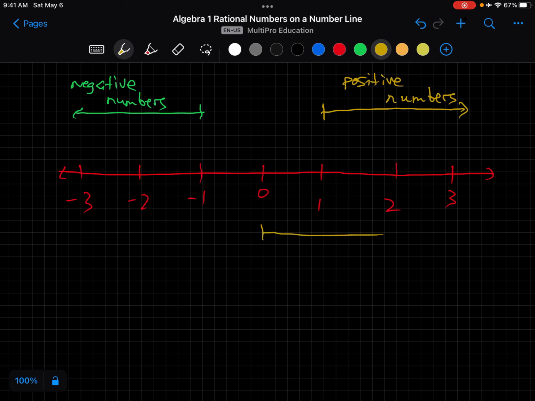Okay, what is a whole number? Well, that's these numbers 0 and above. Okay, what are natural numbers? Natural numbers are numbers 1 and above.